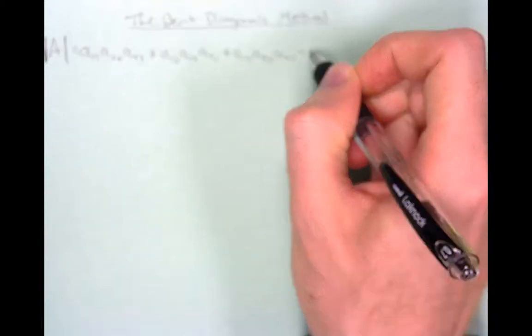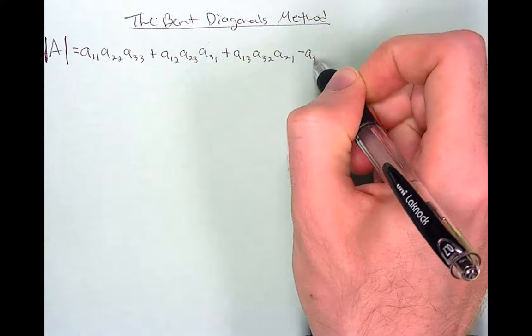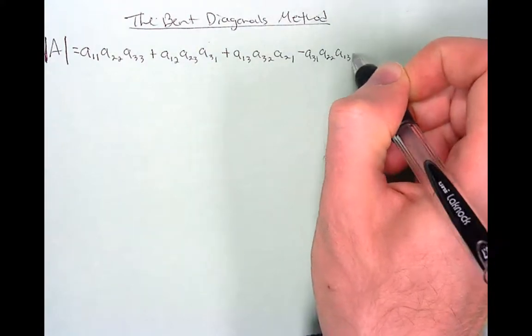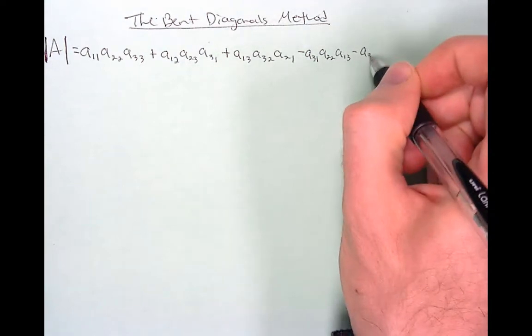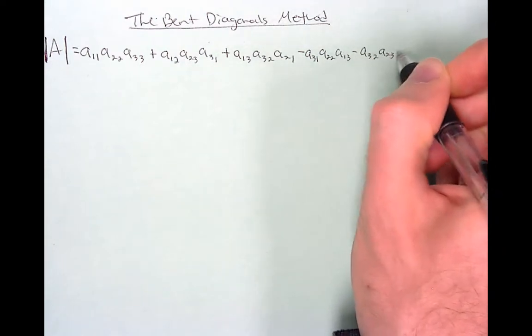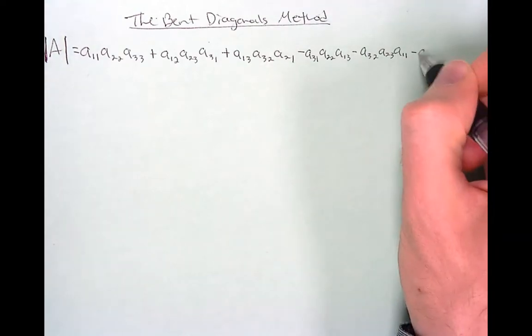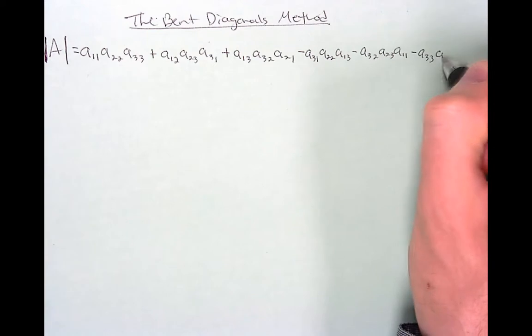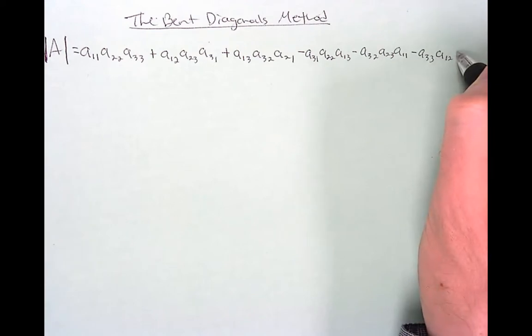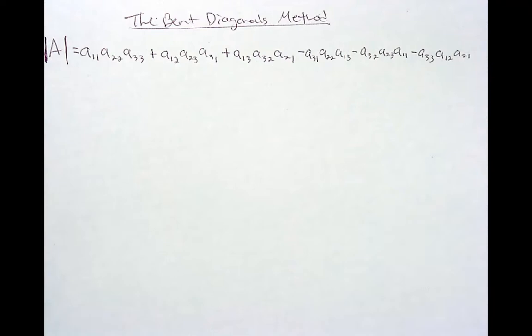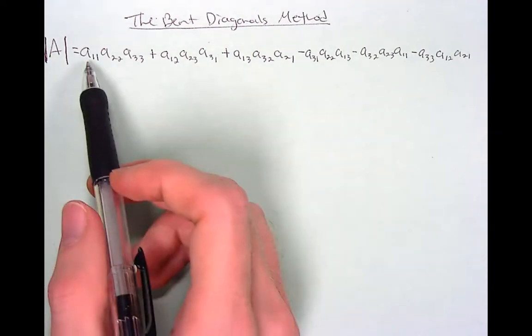You subtract A3,1 times A2,2 times A1,3 minus A3,2 times A2,3 times A1,1 minus A3,3 times A1,2 times A2,1. It's pretty long. So what is this A sub 1,1?